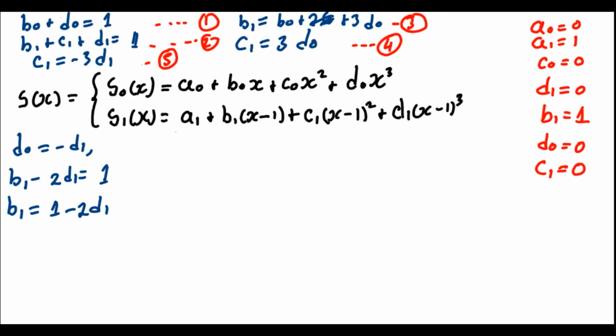Which other one is remaining? We have our a naught. We don't have our b naught yet. b naught can be written as 1 minus d naught. So if you plug in 0 here, our b naught is just going to be equal to 1. Now we have everything that we need.